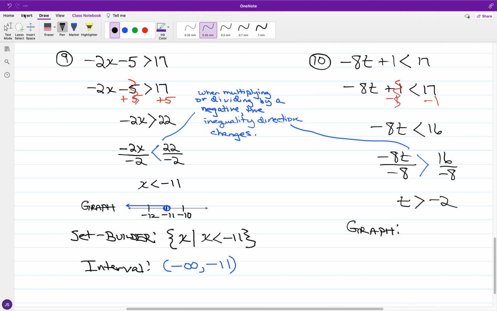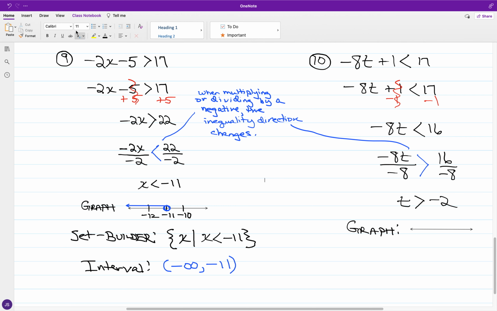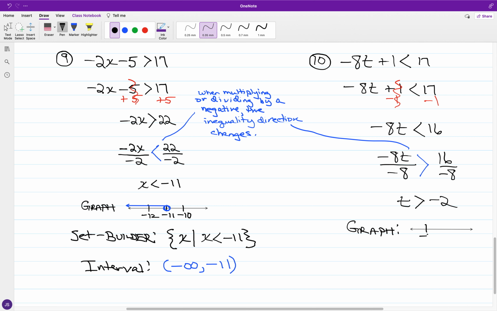In terms of graphing, like negative 3, negative 2, negative 1, 0, and for t is greater than negative 2, so negative 2 is not included.